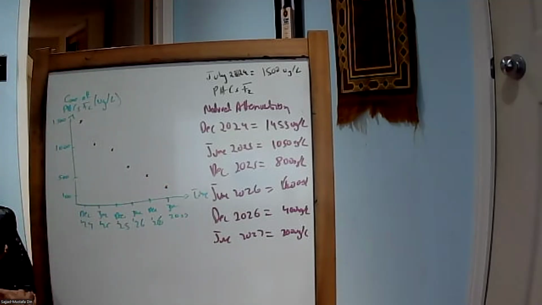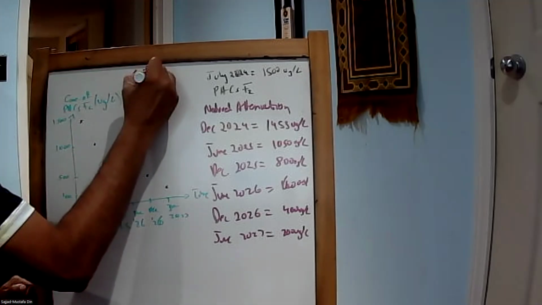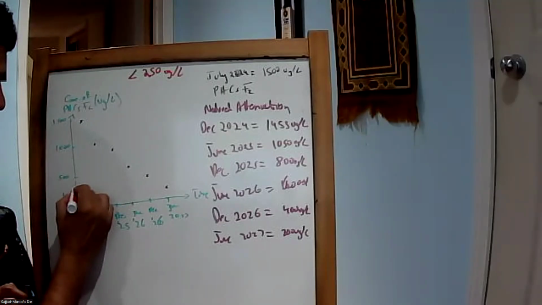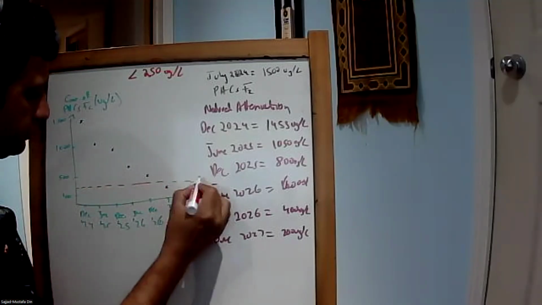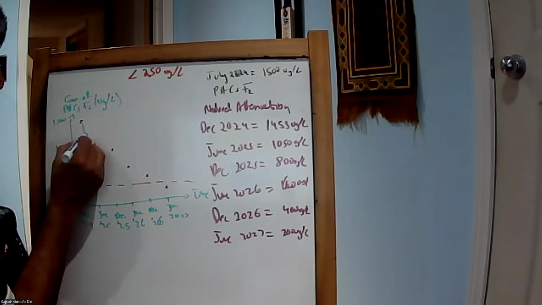And remember, our target was to get it below 250 micrograms per liter, which we'll assume is the standard. And you've achieved it. But what you want to do is you want to draw a line through it, showing the trend.